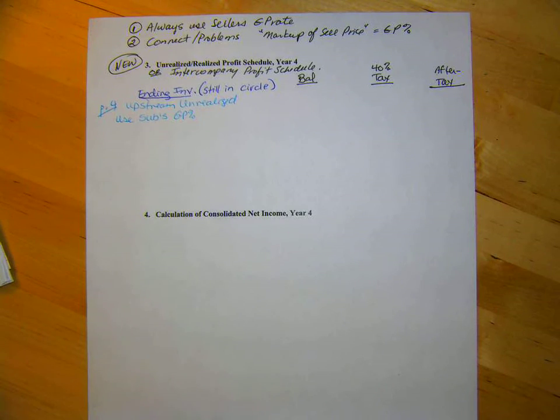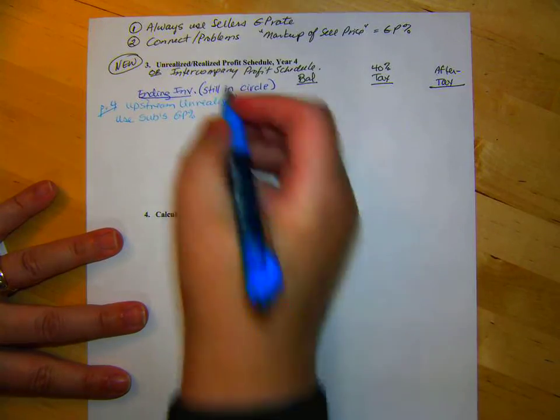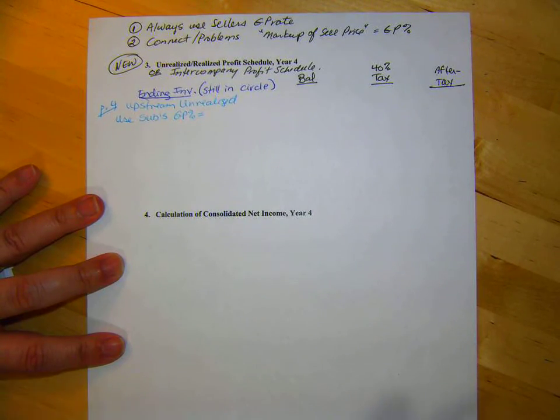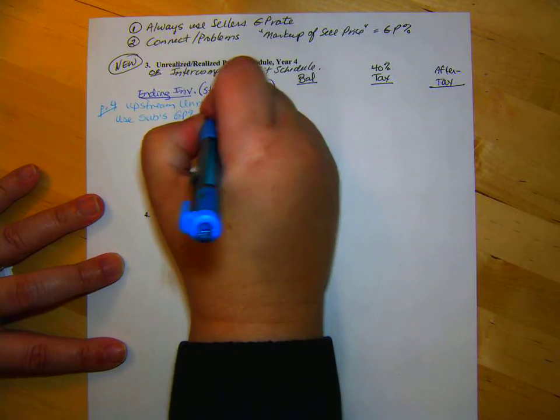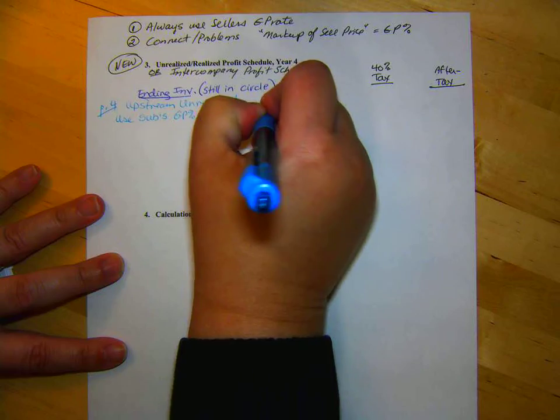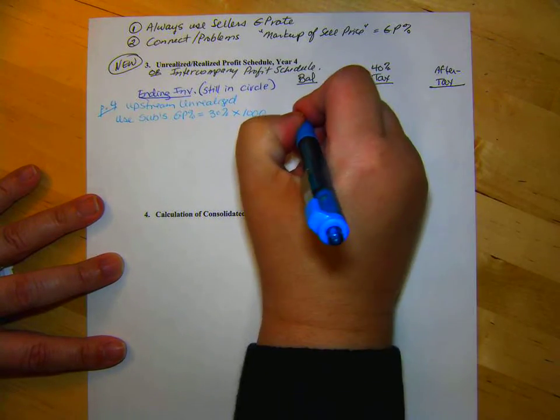So look back at page 4 and find the sub's gross profit rate. And double check, you guys, this is the second most common error. The first one is getting unrealized and realized mixed up. So 30% times 1,000 gives us 300, and then leave space in here.